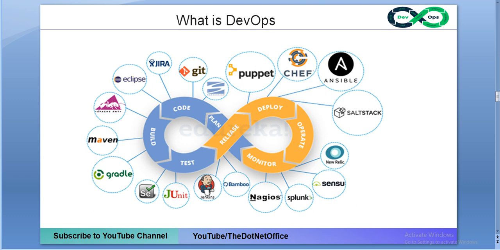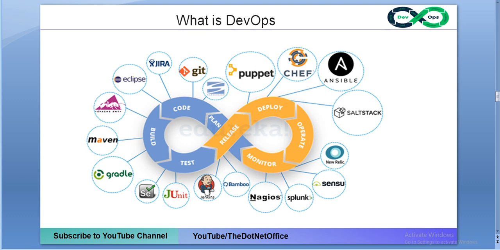So basically, there are tools like Git for version control, Jira for testing purposes, Puppet for continuous integration, and the same for Chef, and all these things we use in DevOps to do all the operations. Jenkins, Bamboo, and Nagios. So all these are tools used in DevOps.